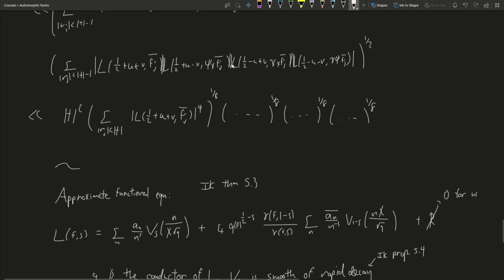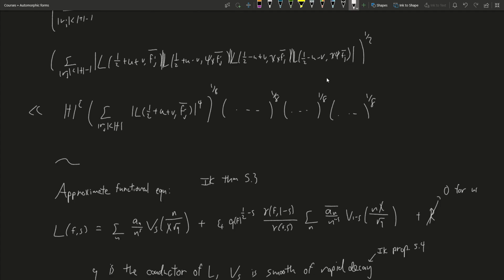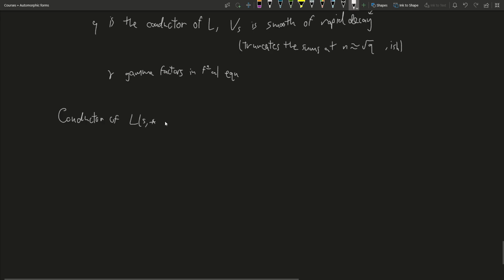So it's either f, or psi times f, or chi times f, or chi psi times f. Or I guess I'll write star to mean any of the trivial character, psi, chi, or chi psi. So this times f_j bar is about r_j squared, maybe with absolute values.